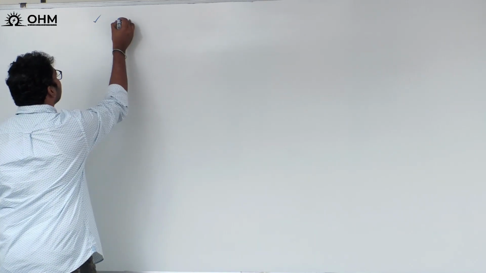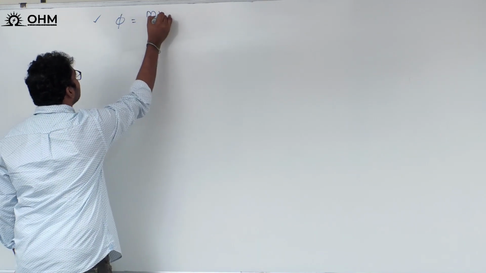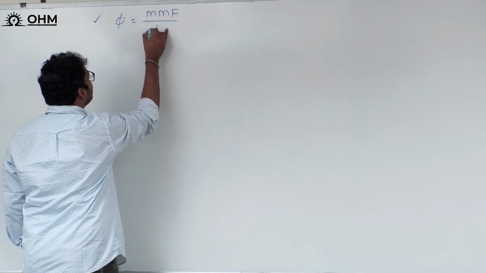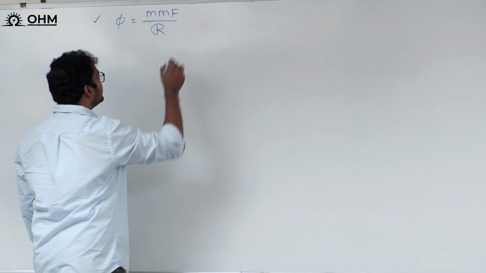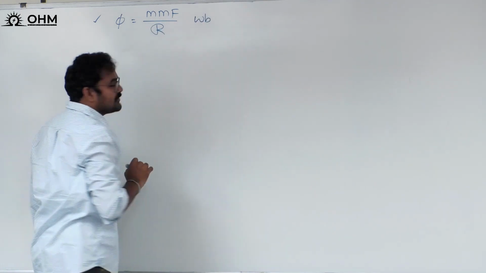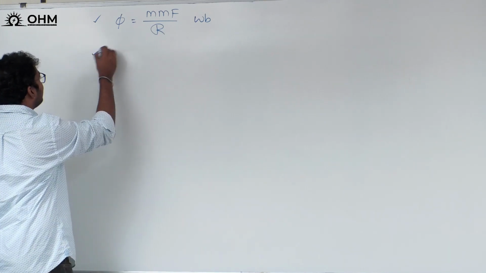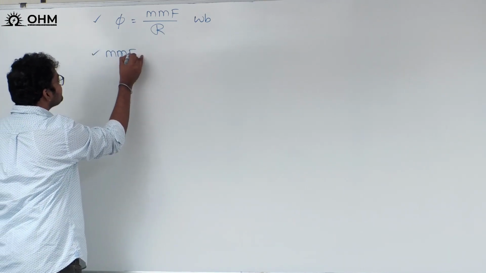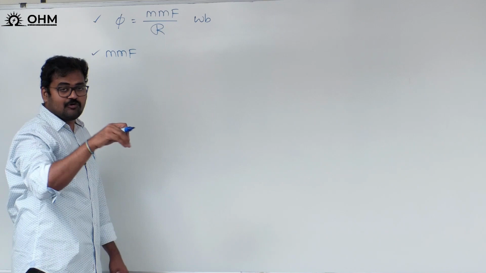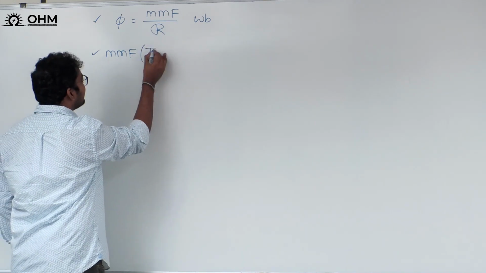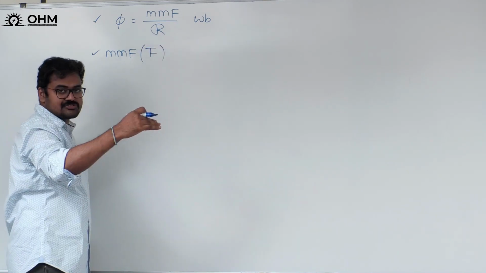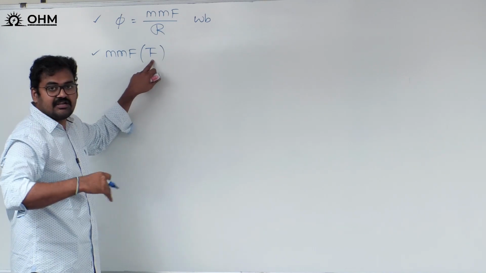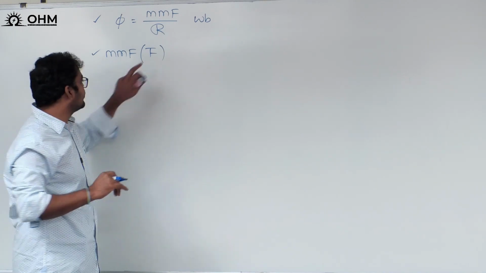We know that flux is always equal to MMF divided by the reluctance of the magnetic medium, and it is measured in Webers. Here MMF is nothing but magnetomotive force. That's why we will use the letter F to indicate it. So in our course, whenever I write letter F, that indicates MMF, magnetomotive force.